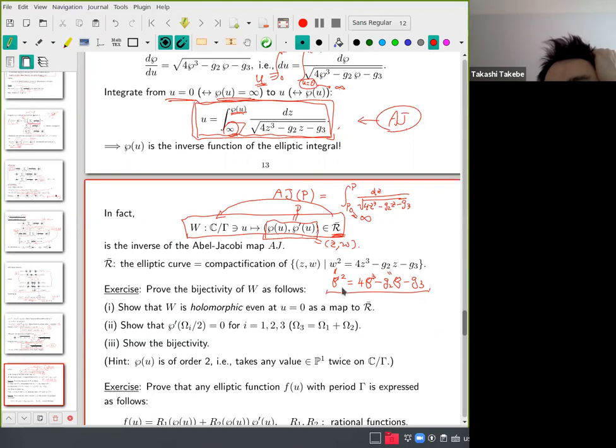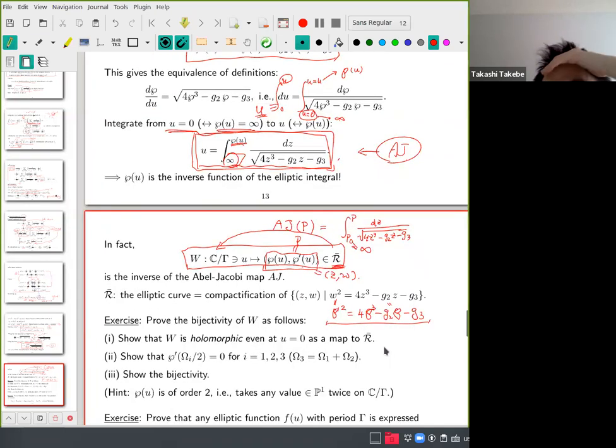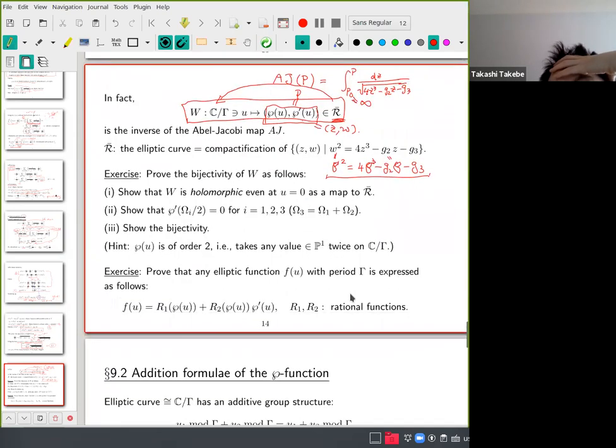Okay. And what we have to prove is that it actually gives an inverse of this map, or yeah, we should prove bijectivity of this map.